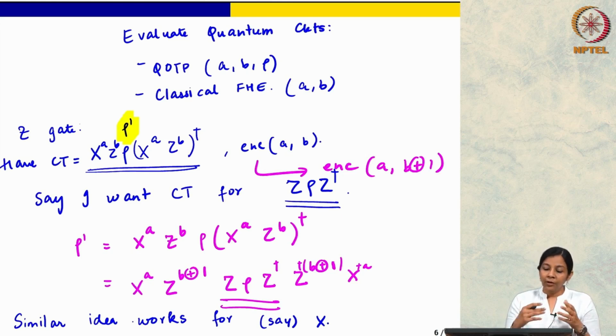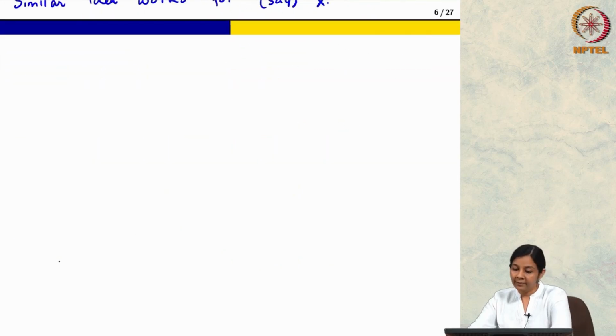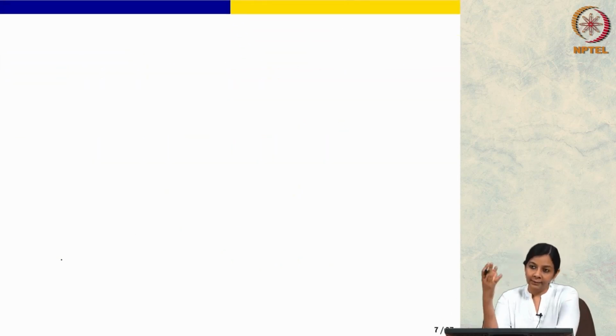So, for some of these simple gates, it seems that simply changing the classical part of the ciphertext is actually enough. This is just a warm up, the simplest possible example. But of course, you want to support arbitrary gates. So, let us start looking at universal gates.